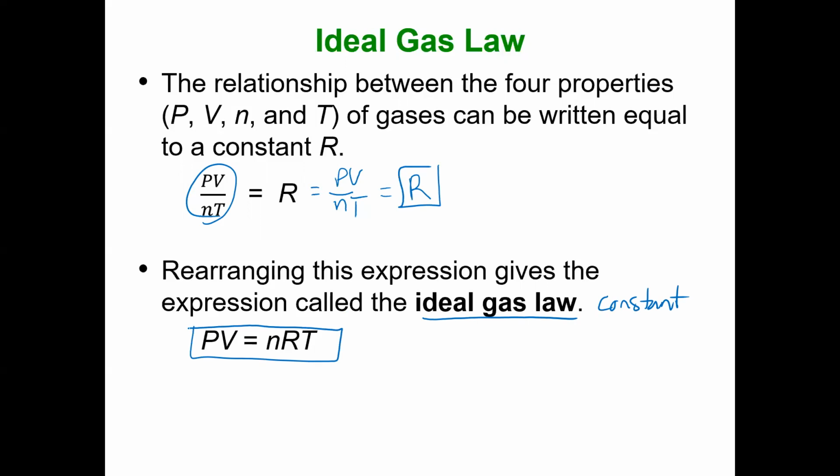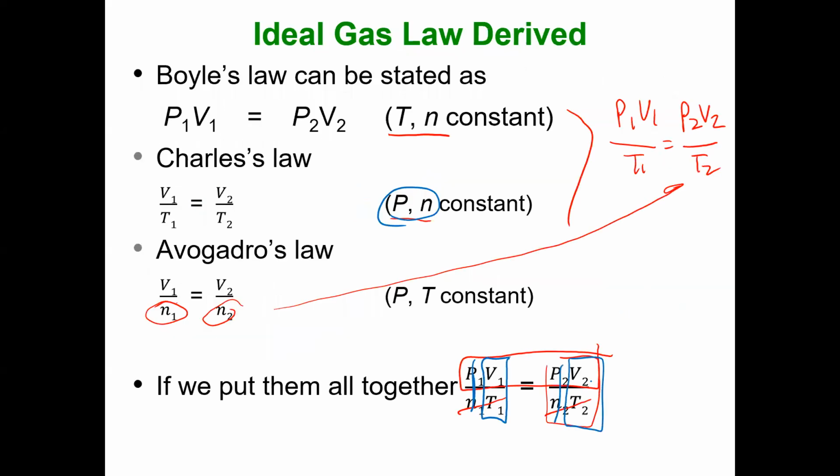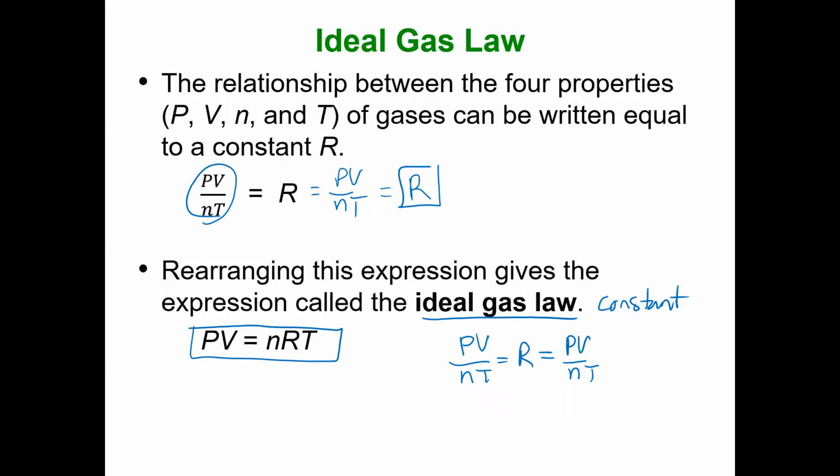So if you just remember PV equals nRT, you can always derive from it PV divided by nT equals R, and it always is PV over nT, and go back to all of these equations. That's why I love the ideal gas law. It's basic algebraic manipulation.